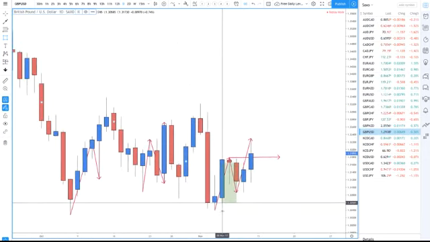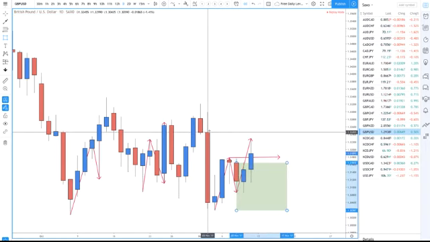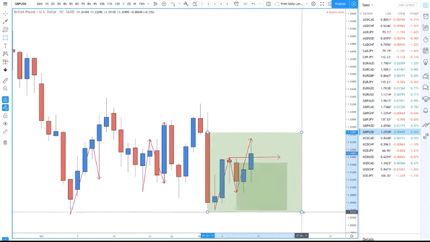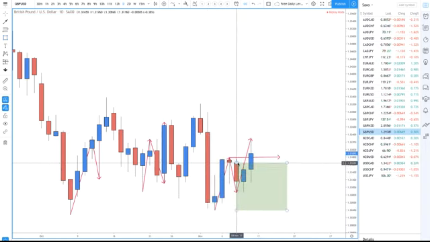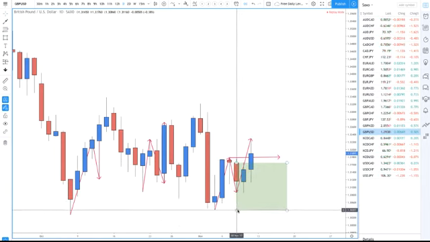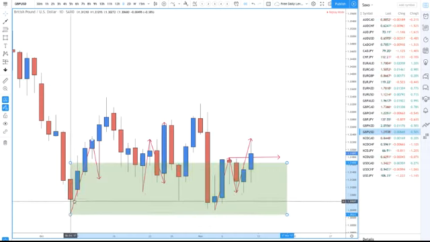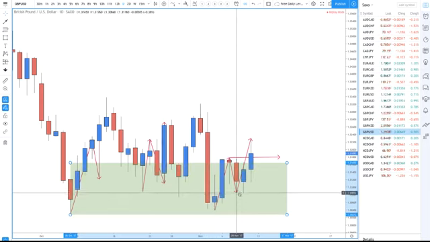And then what we can do is draw it down to maybe where that swing is, because otherwise it would encompass all of this. So what makes sense is that you draw it from here and then down to this swing here, or even down to where you've got the origin of that demand zone there. So this is demand, this is demand. We can just draw that all the way down at the lows.